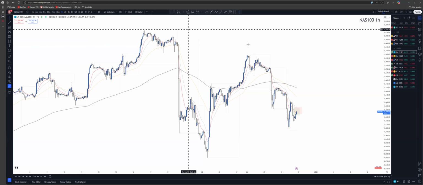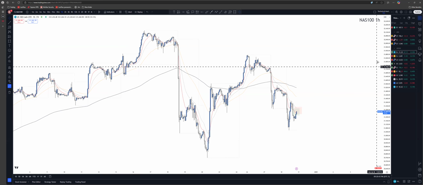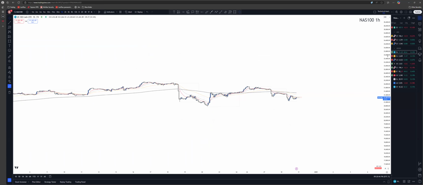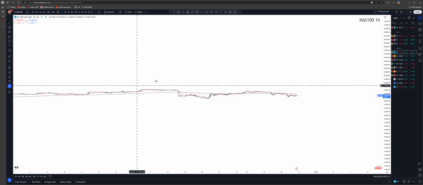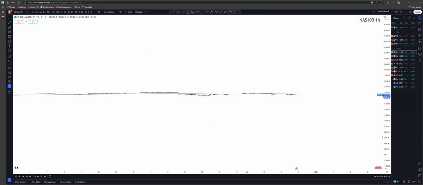So we'll backtest the Nasdaq. Let's enter on the 15 minute. Actually, we can enter on the hour time frame. We'll enter on the hour time frame and take for our trades instead of managing.